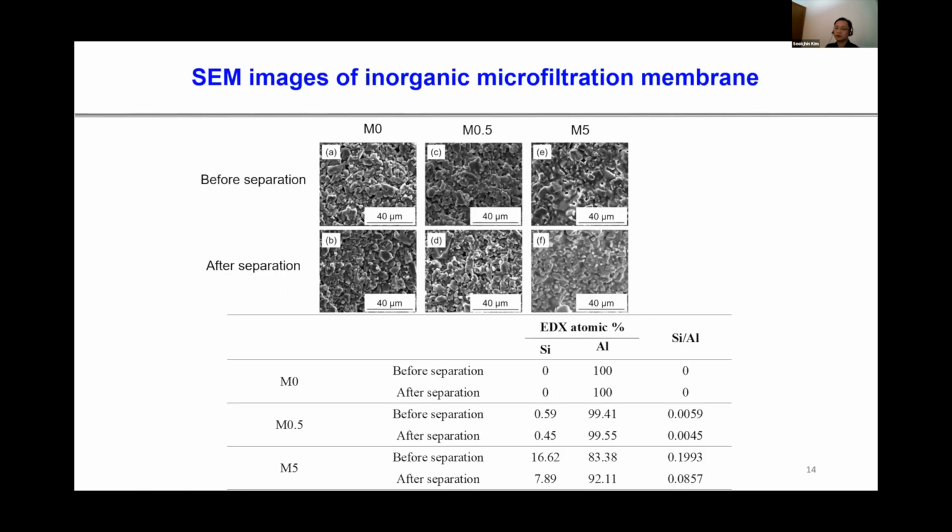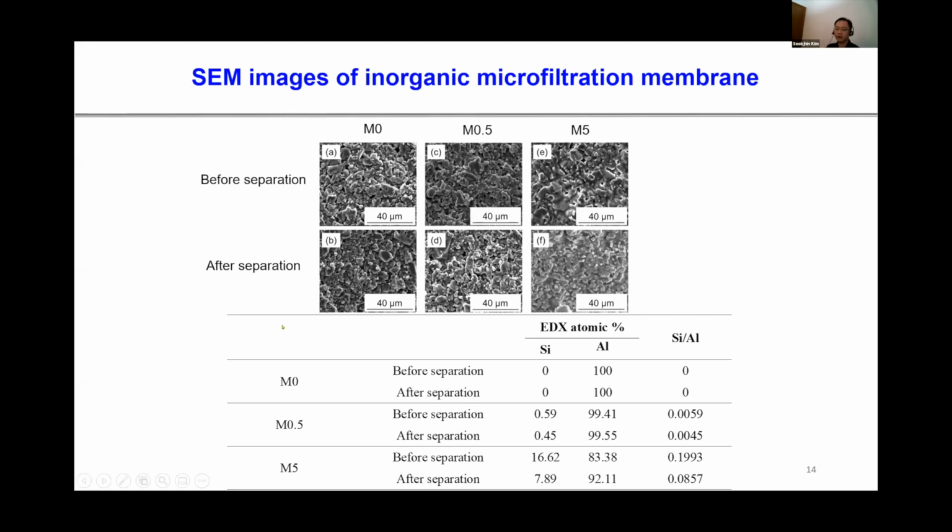These SEM images show the morphology of membranes M0, M.5, and M5 before and after separation. Overall, there is minimal morphological change on the membrane surfaces, indicating silicon nanoparticles are firmly attached to the membrane surface.